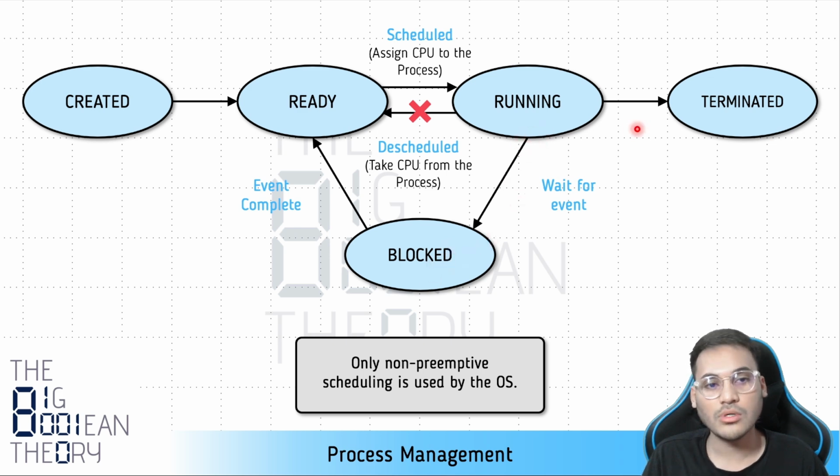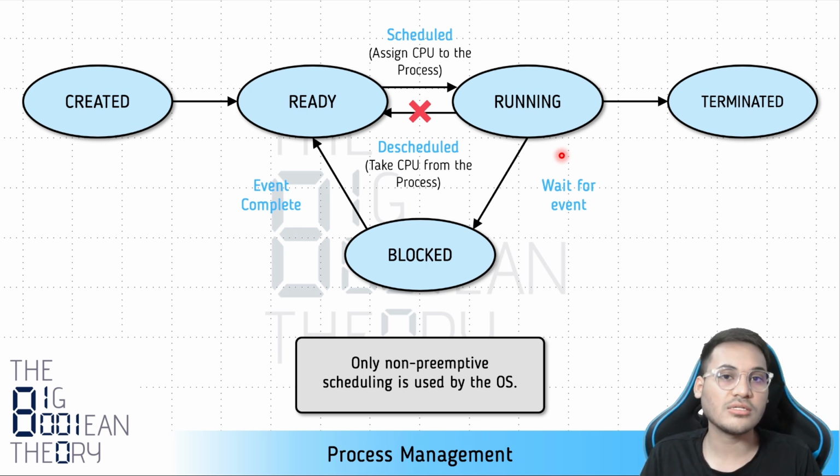Only in these two conditions, that is when the process goes from running to terminated or running to blocked, it gives up the control of the CPU on its own. Here, the operating system is not snatching away the control of the CPU from the running process. So in a non-preemptive scheduling policy, the control of the CPU will be given up by the running process on its own. This is the major difference between a preemptive and a non-preemptive scheduling policy.